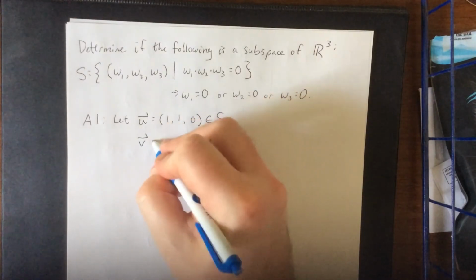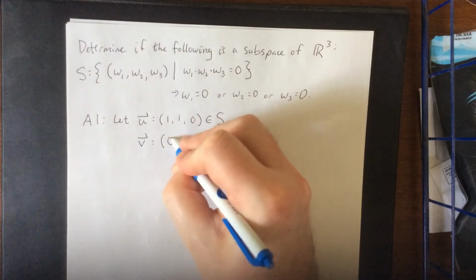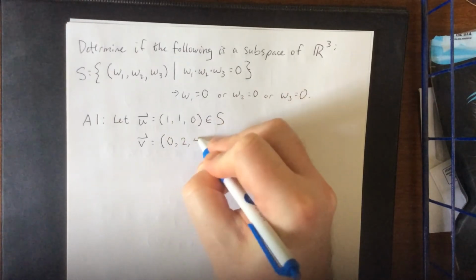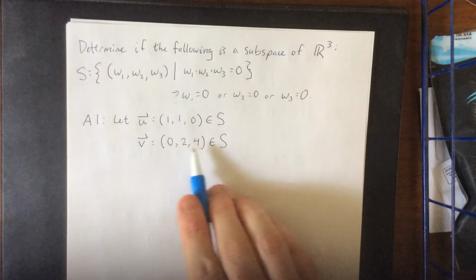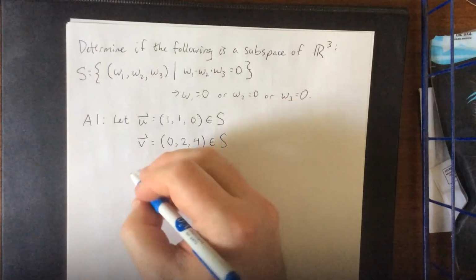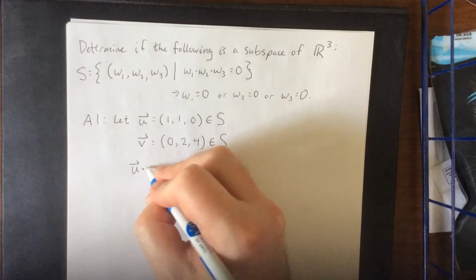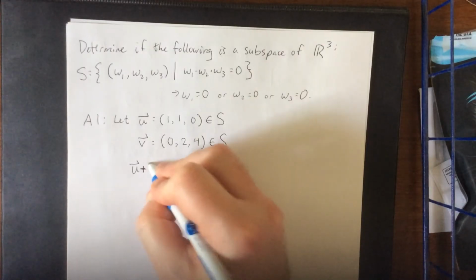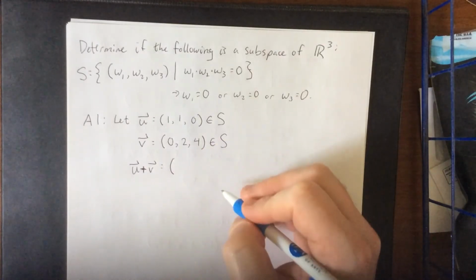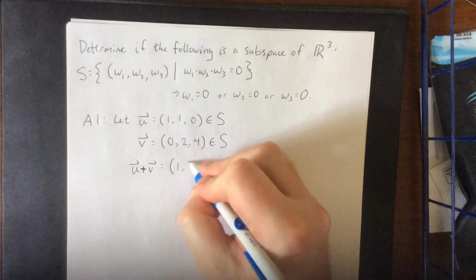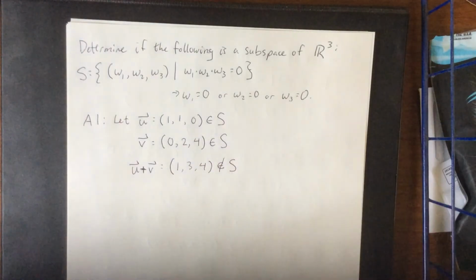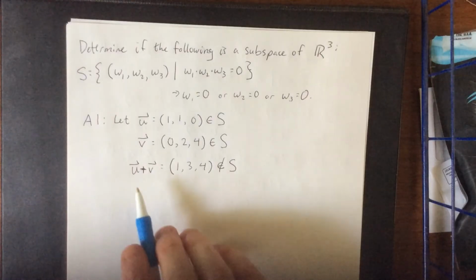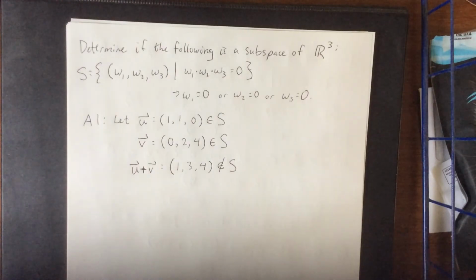We could say let V be equal to the vector 0, 2, 4, which would also be in S, since the product of these three components is equal to 0. However, if we point out what U plus V is equal to by adding the corresponding components, we would get 1, 3, 4. The product of those three is not equal to 0, therefore this vector is not in S.